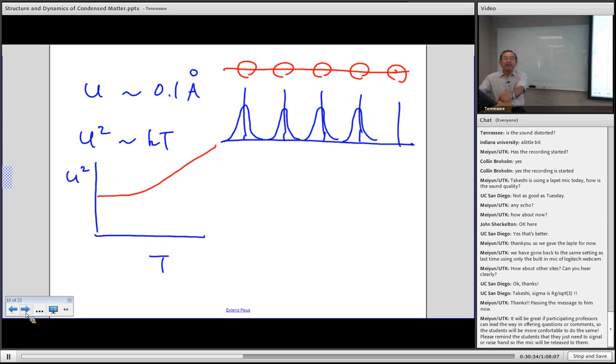So we can describe this in terms of density again. So instead of delta function, we use rho of r. And the rho of r actually is the sum over j of rho 0 of r minus rj.